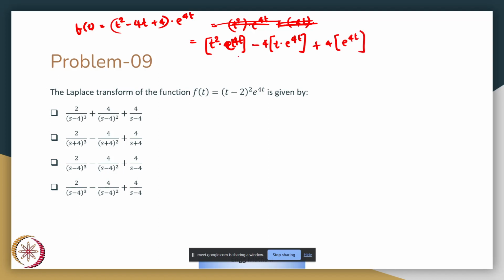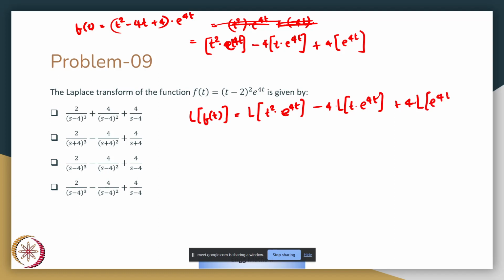And now we are asked to calculate the Laplace transform of f of t. This is nothing but the Laplace transform of t square e raised to 4t, minus 4 times the Laplace transform of t times e raised to 4t, plus 4 times the Laplace transform of e raised to 4t. Let's start with the simplest term, that is e raised to 4t.